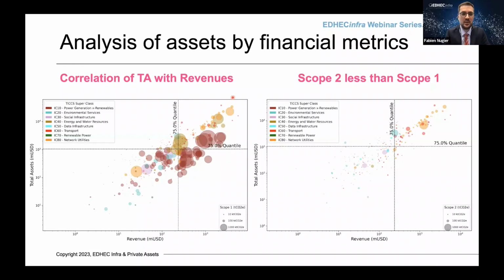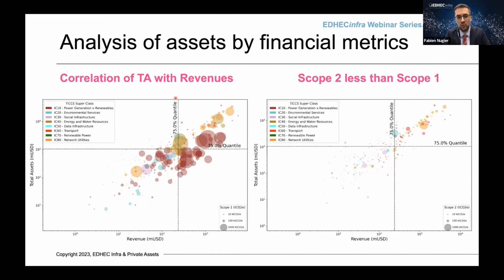I'm sure it's not a surprise for you. What you see as well is some assets still generate more revenue. This is the case of the power generation here. And what you can also see comparing the two plots is that the scope 1 emissions predictions are much larger than scope 2 emissions.